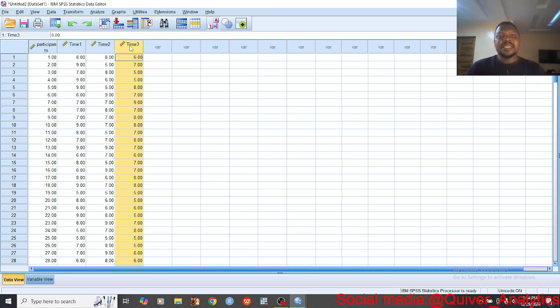And what we want to test is, is there a significant difference between these measured outcomes? So it is applicable in different fields. In medicine, for example, we might be applying 3 different types of drugs on the same participants at 3 different times, then measuring the outcome.